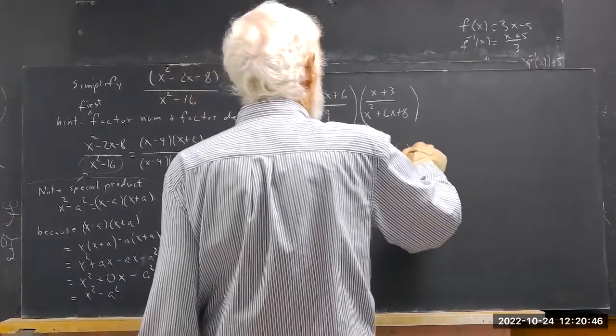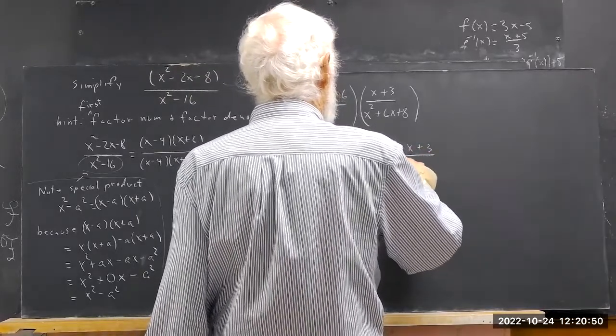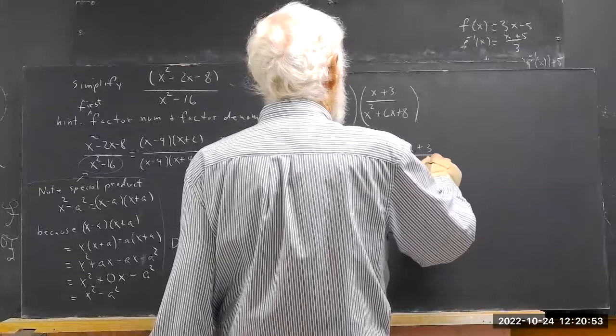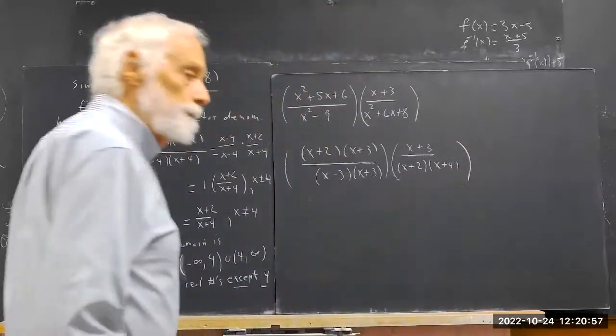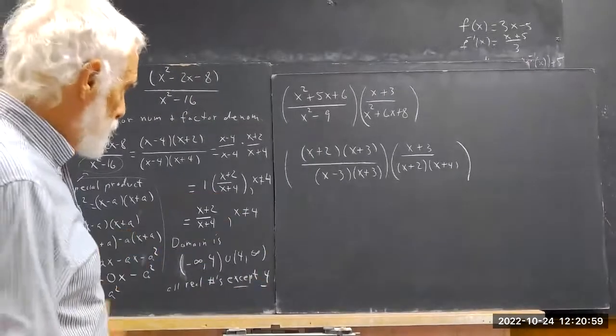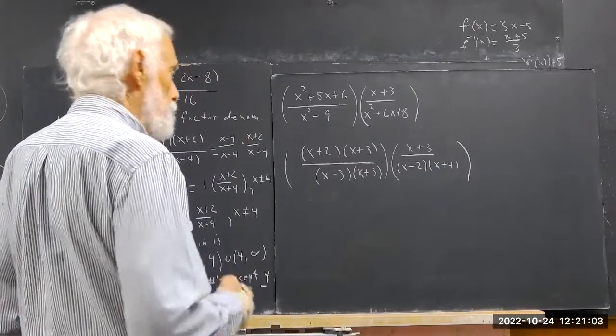That multiplies x plus 3 over x plus 2 times x plus 4. I think that's how everybody has it factored. Didn't really notice any big errors.